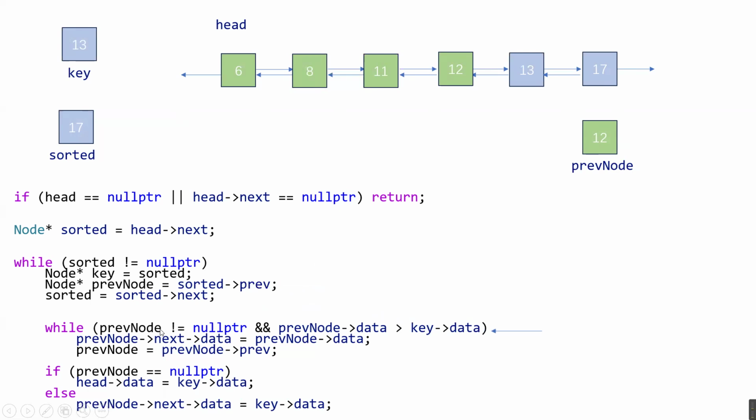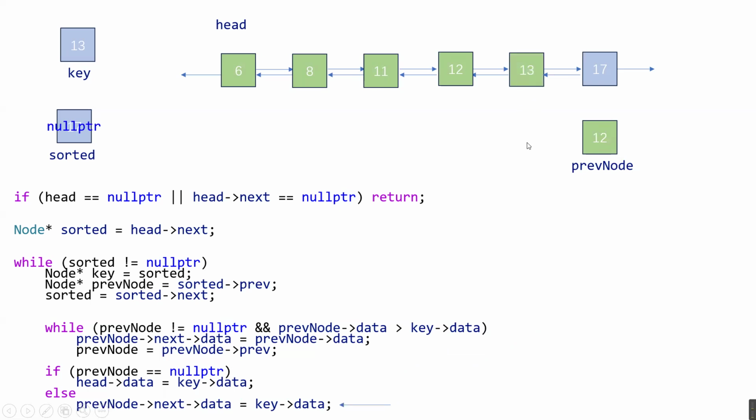Okay, the previous node is not a null pointer, and the previous one is not greater than the key's data. So we will just skip the while loop and jump to here. The previous node is also not a null pointer, so we will jump to the else. The previous next is very simple, just to insert: the previous next, this one's next, will become the key, right?